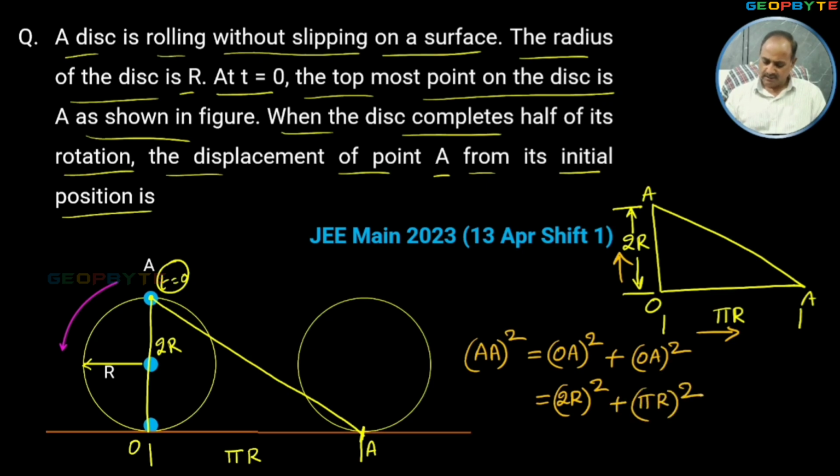Otherwise, for your better understanding, let this be A dash. Then A dash square equals OA dash square plus OA square. Now A dash whole square equals 2r whole square, which means 4r square, plus pi square r square.